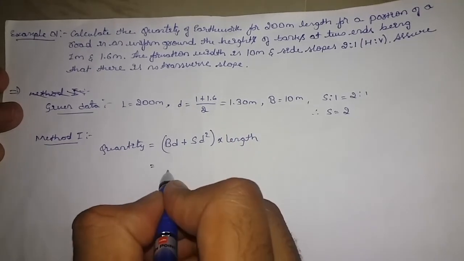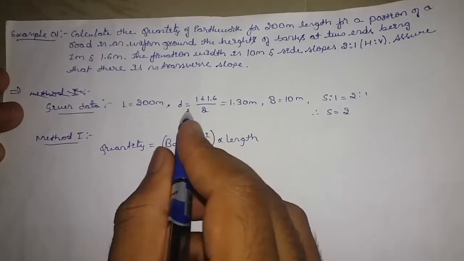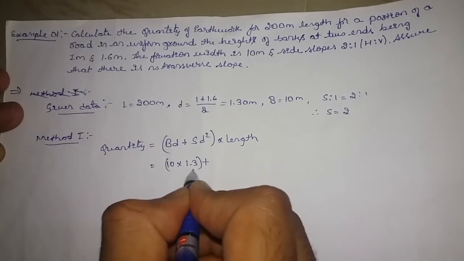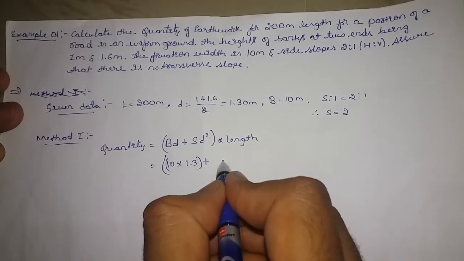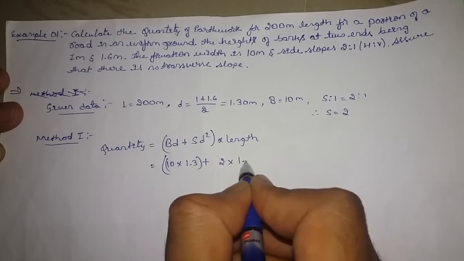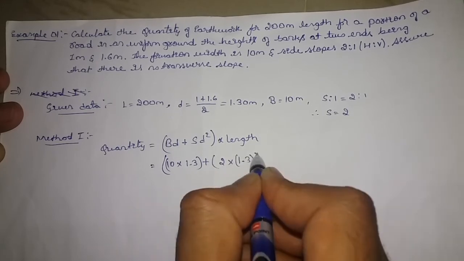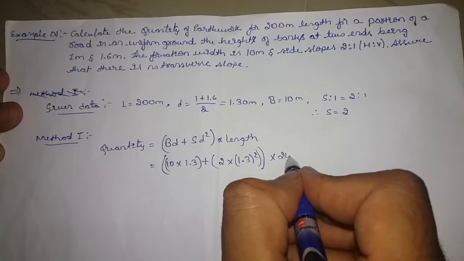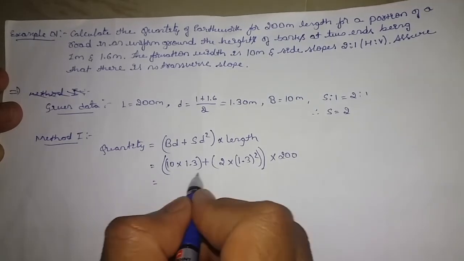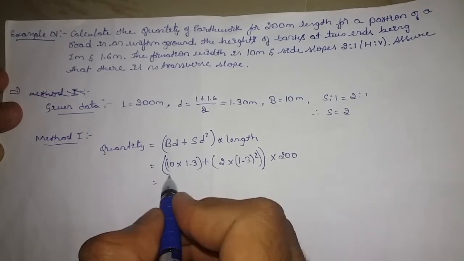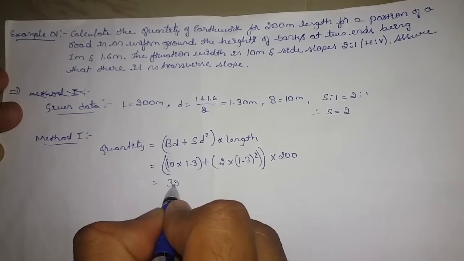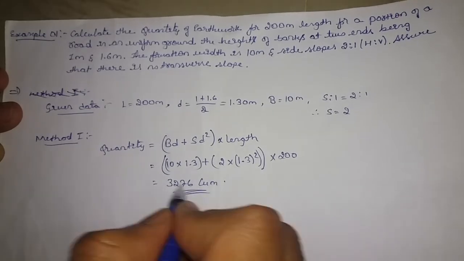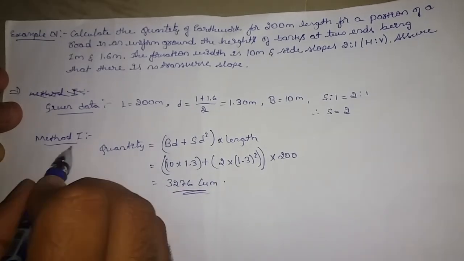D is the mean depth, 1.3, multiplied in a bracket with S, which is 2, into D again, 1.3, and then we multiply by the length, 200. If I substitute these values in a calculator, the value is 3276 cubic meter, which is the total quantity of the earthwork by method number one.